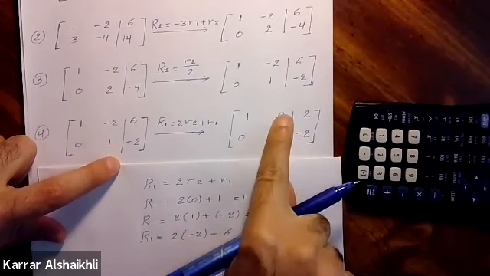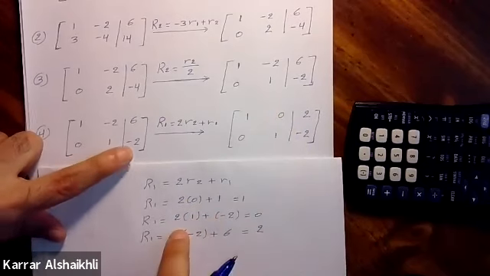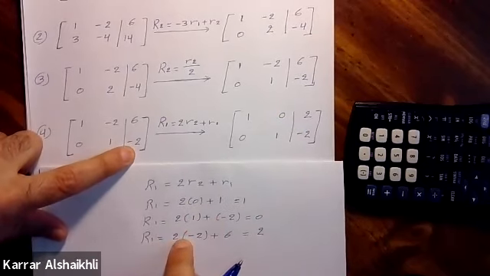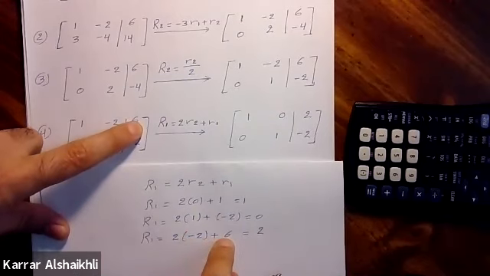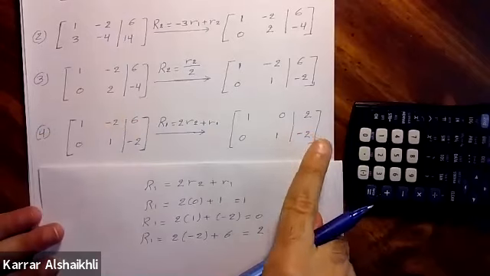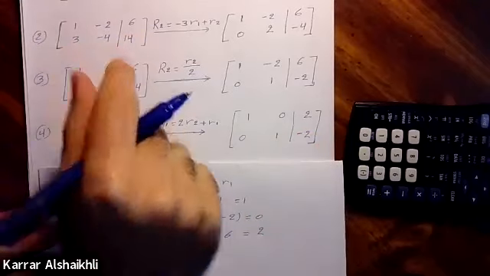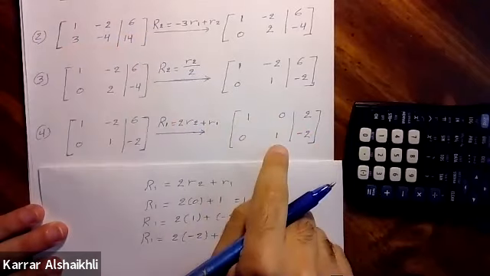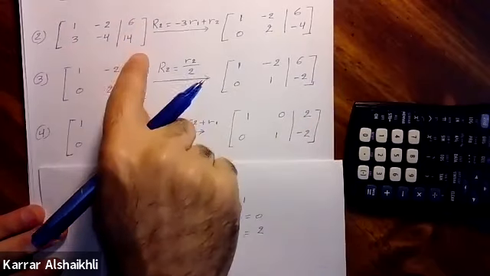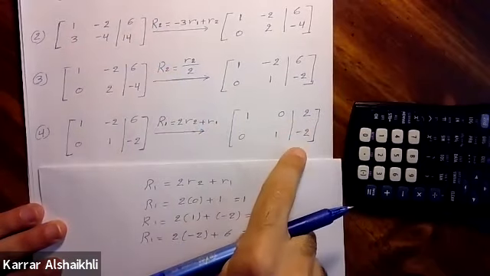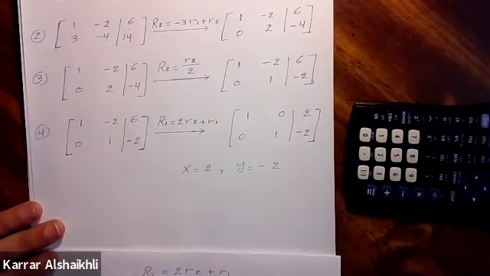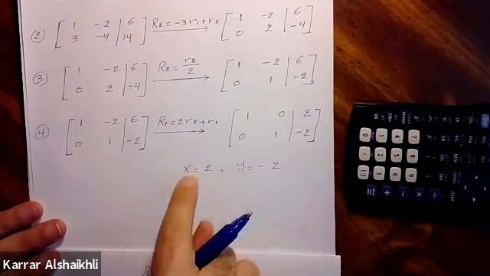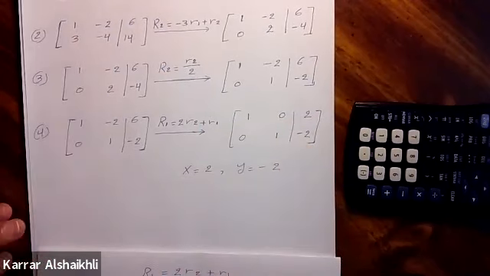That means this number is going to be 0. 2 times -2 is going to be -4 plus 6. So it's going to be 2. I convert this matrix here, this part, to 1, 0, 0, 1. I get 2 new numbers here, 2 and -2. So this is going to be the solution, x equals 2 and y equals -2.